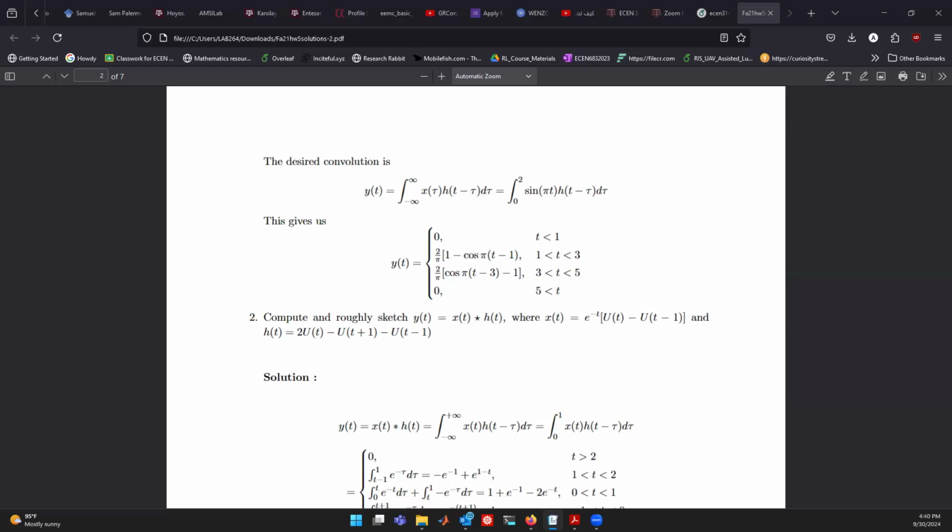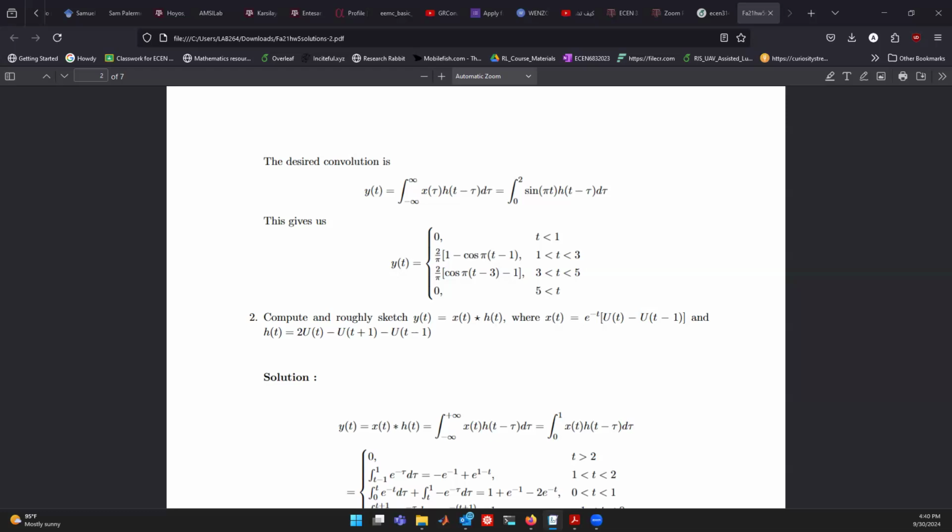And similarly, if we have continuous time signals, the summation will be an integral, and we will have this formula: integration from minus infinity to plus infinity of x(tau) h(t minus tau) d tau.